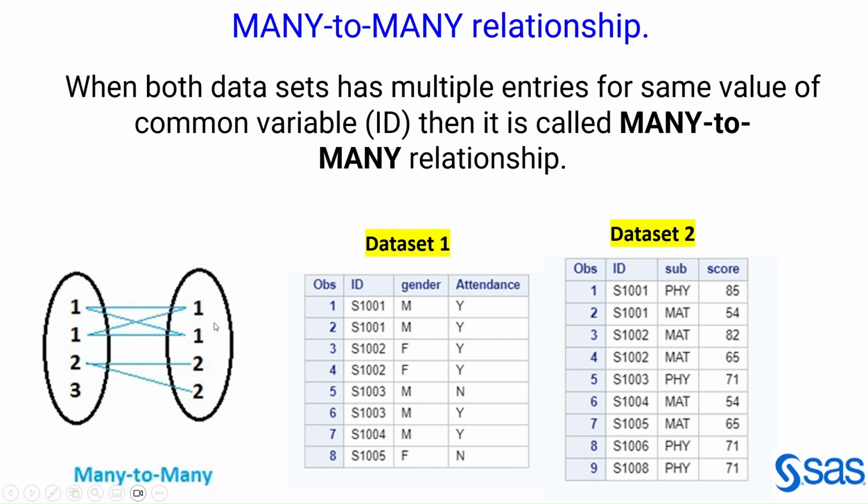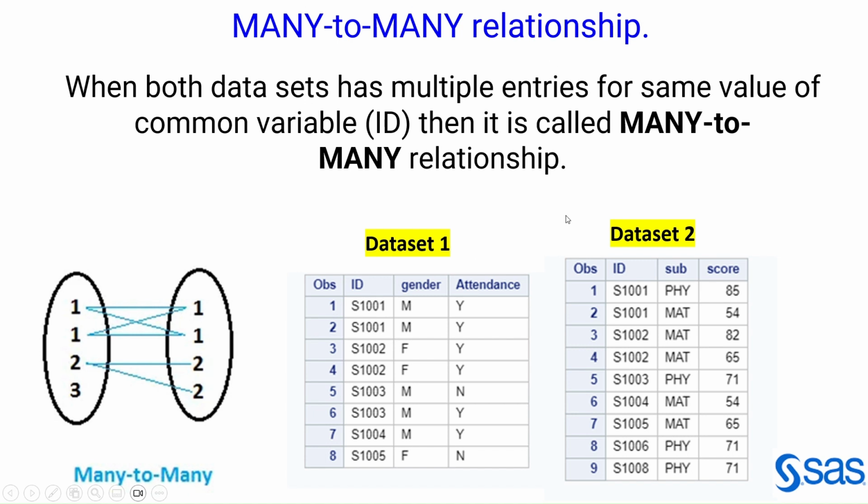This is data set 1, this is data set 2, and in the real scenario you can see the data set has the common variable ID with a value present more than once, and also more than once in data set 2. In that situation, we call it a many-to-many relationship or many-to-many join.